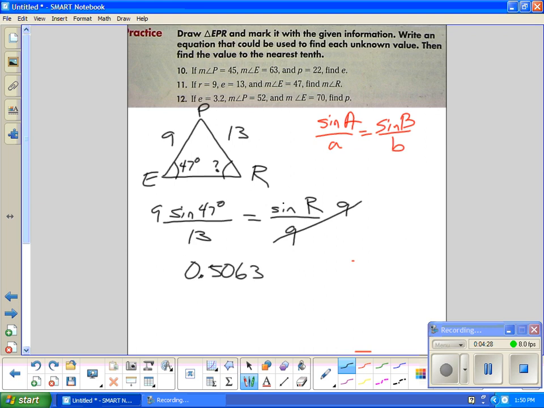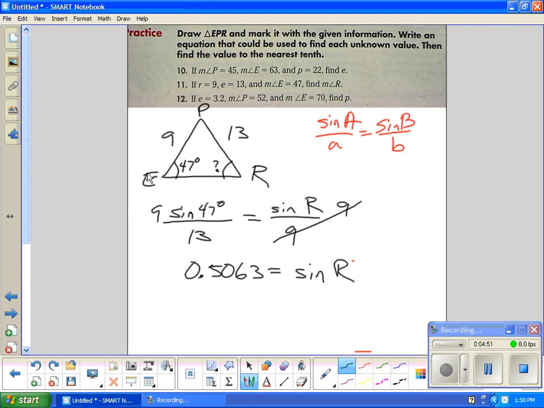That is not R. Everybody, we have to realize that is sine R. Right? That is the ratio. Well, I solve for sine R. How do you find R? Well, I just took 9 times sine 47 and divided by 13. The decimal came from multiplying these two right here and dividing by 13.